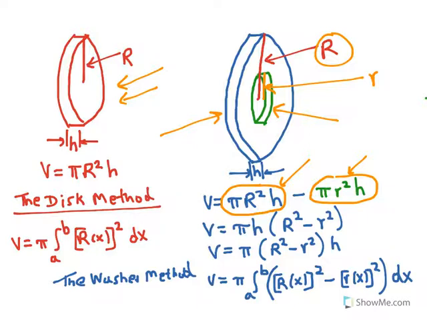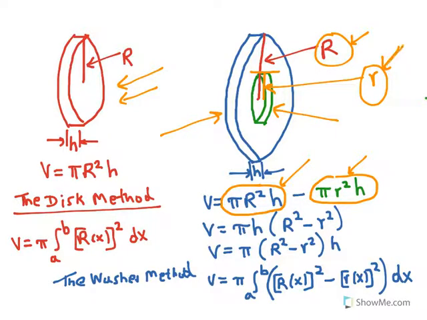And then from that we have to subtract the volume of the part that we're missing, the hollow part, which is also a disk. The distance from the axis of revolution, or the center of the disk, to the inside edge would be designated by lowercase r, because this is smaller than uppercase R, which measures the distance from the center to the outside of the washer.